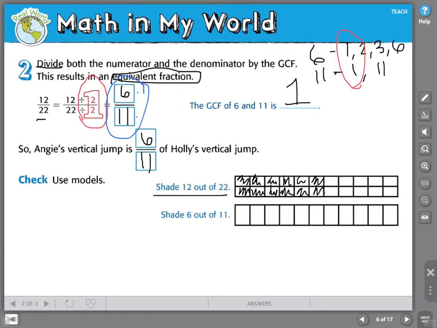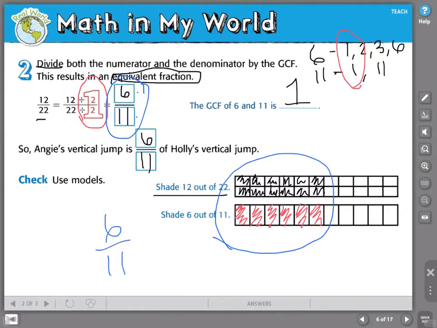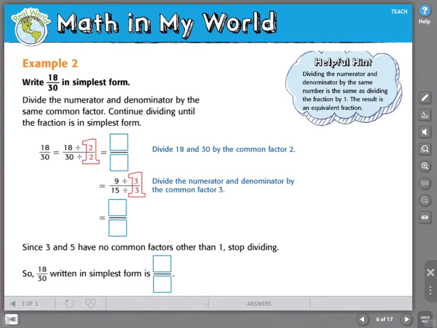Next, I'm going to use this model to shade in 6 of these 11 pieces. 1, 2, 3, 4, 5, 6. When we compare these models, we see that 6/11 and 12/22 are the same value. They are equivalent fractions, but 6/11ths represents this fraction in its simplest form. Here's another example.